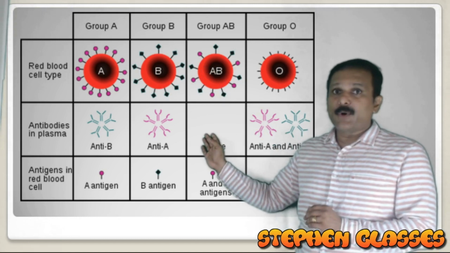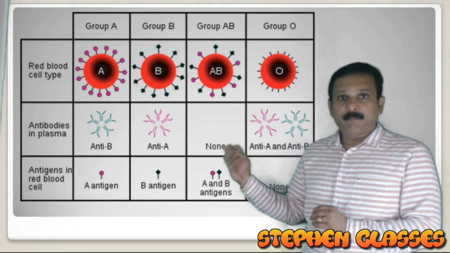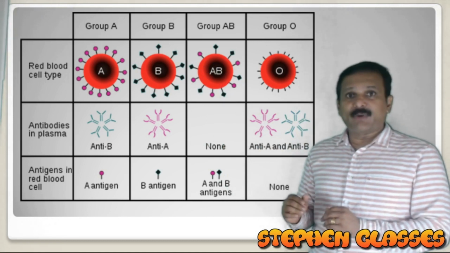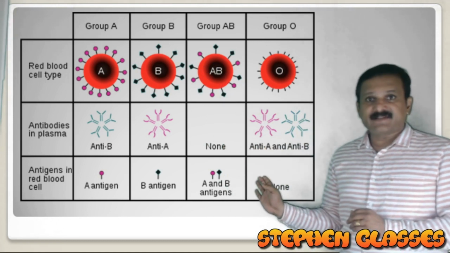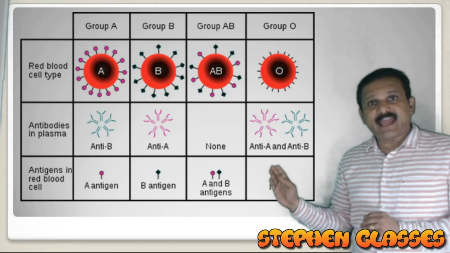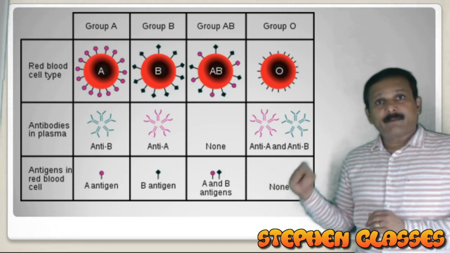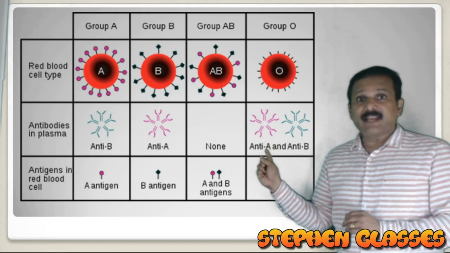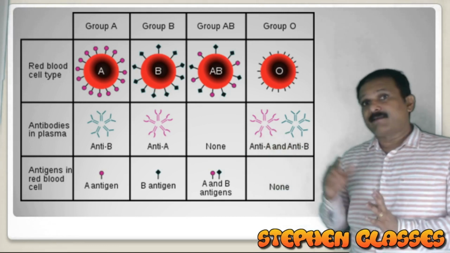But there will be no antibodies in their plasma. And O group, on the other hand, will have no antigens. It has no antigen A and antigen B. But it will have both antibodies in the plasma, antibody A and antibody B.